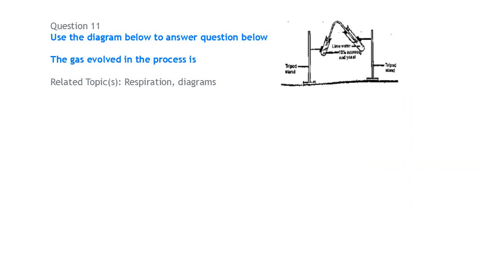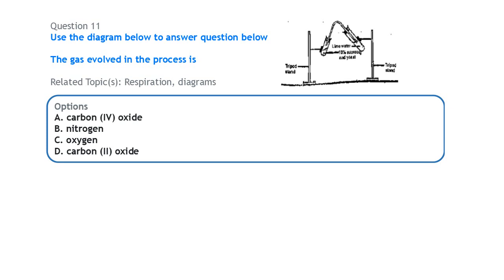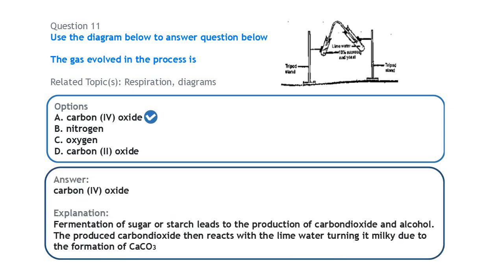Next question, we have a diagram here, so it's easy to answer the question. The gas involved in the process is carbon dioxide. So here we have sucrose with yeast. Now this yeast is going to bring about the fermentation of the sucrose, and what happens during fermentation is that carbon dioxide is released.